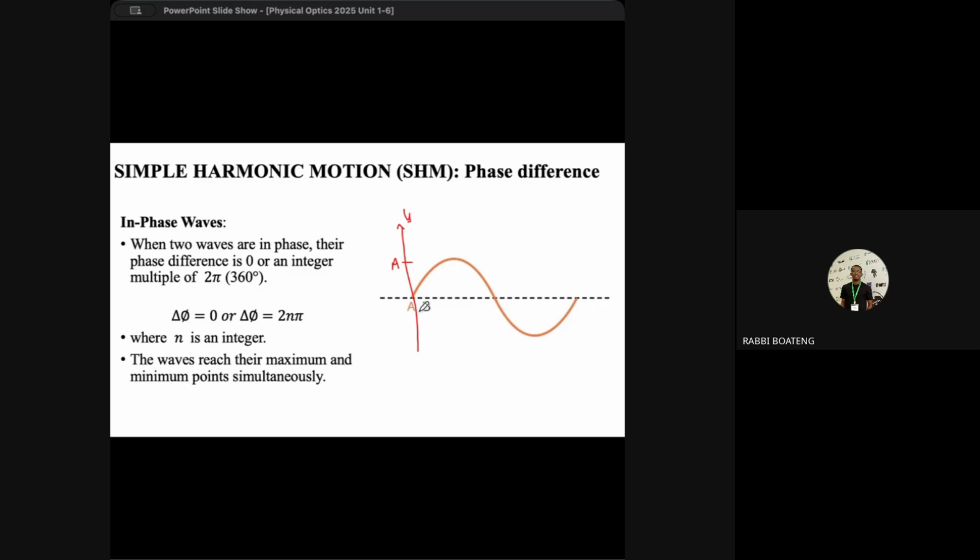Because of that, they are overlapping each other. And here you cannot even see the B, because the B is black, and the A is lying on top of it. So a situation like this, we call it that the two waves are in phase.